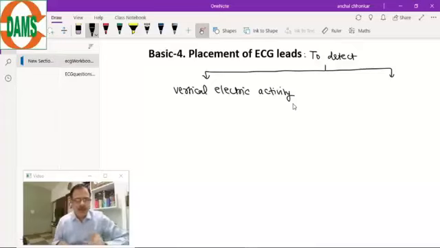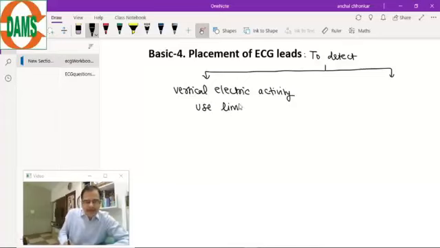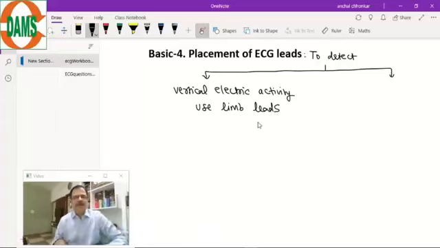To detect the vertical electrical activity of the heart, which is coming from superior to inferior direction, we will use limb leads. We will use the limb leads, so that will make it a vertical plane or a frontal plane. This is known as a vertical plane or a frontal plane.